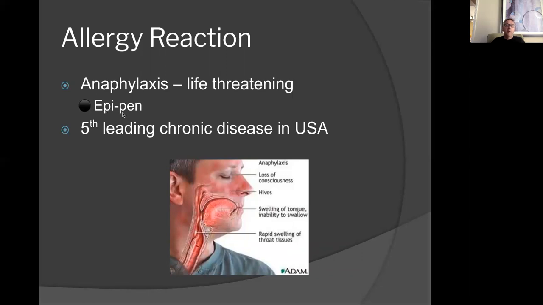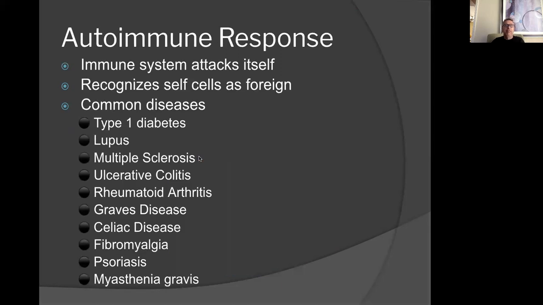If you know someone, or you yourself have a severe allergic reaction, they normally carry around what they call an EpiPen, a high concentration of histamines to stop that allergic reaction.